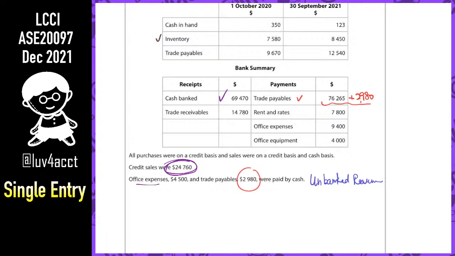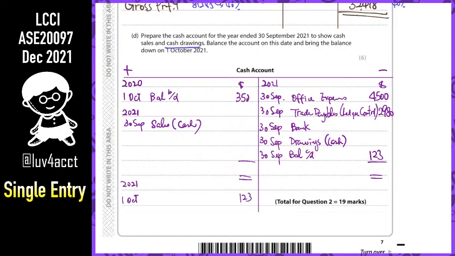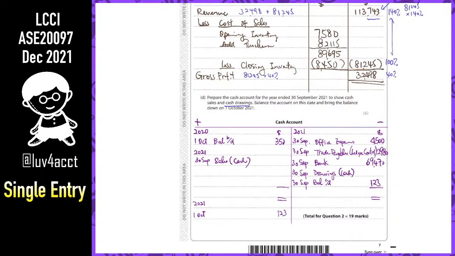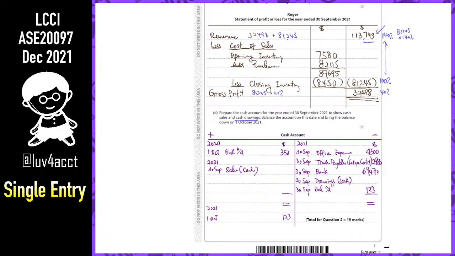So let us go back to our cash account. Cash banked 69470, and then credit sales given to us 24,760. It is used to calculate our cash sales, because we know from our previous part C that our revenue is 113,743.